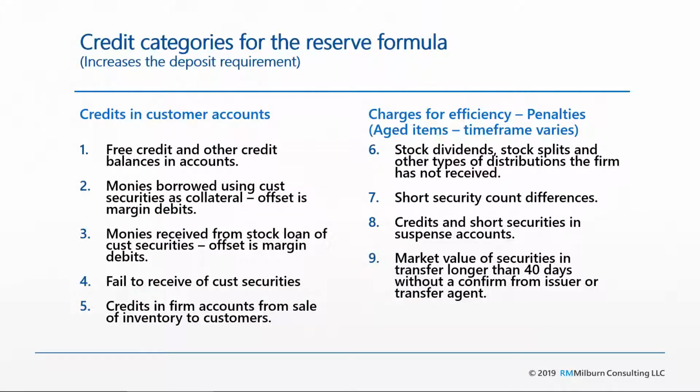A brief review of the categories for the reserve calculation. On the credit side, you have items 1 through 5, and they are related to customers' funds, either the funds that they've given to you or the funds that they've received by using customer securities as collateral for, say, stock loan or for bank loans. 6, 7, 8, 9, they are penalties or charges for deficiency for aged items, and there are some time frames that are related to each one of those items.